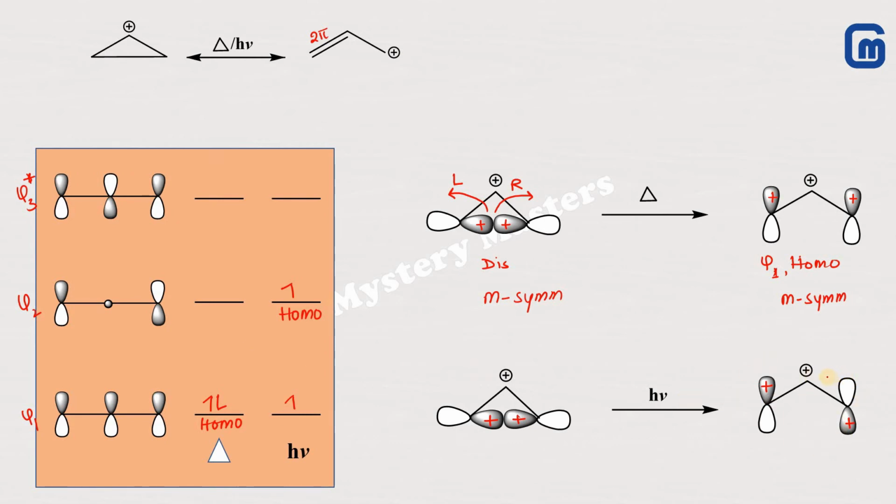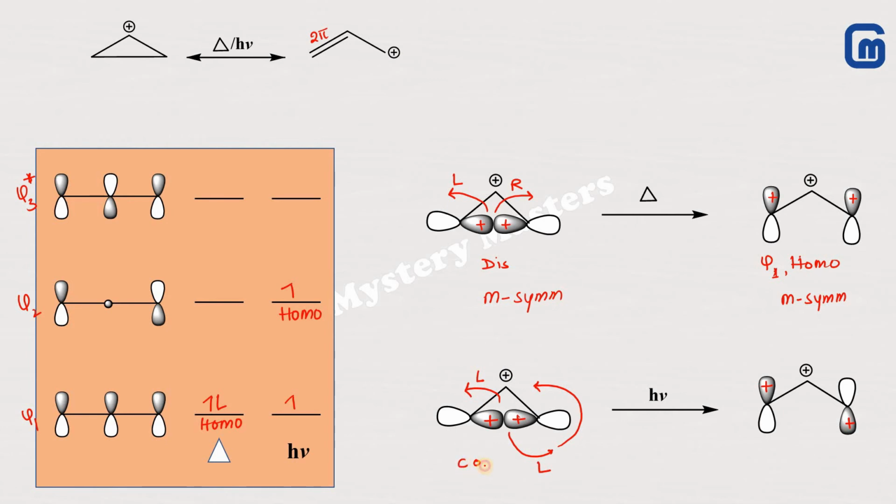Now I will see how this arrangement can be obtained. It can be obtained if I move this orbital towards my left-hand side, and if I move this other orbital towards my left-hand side again. So if you move it like this, it will go to my left-hand side. That means rotation in the same direction is there.